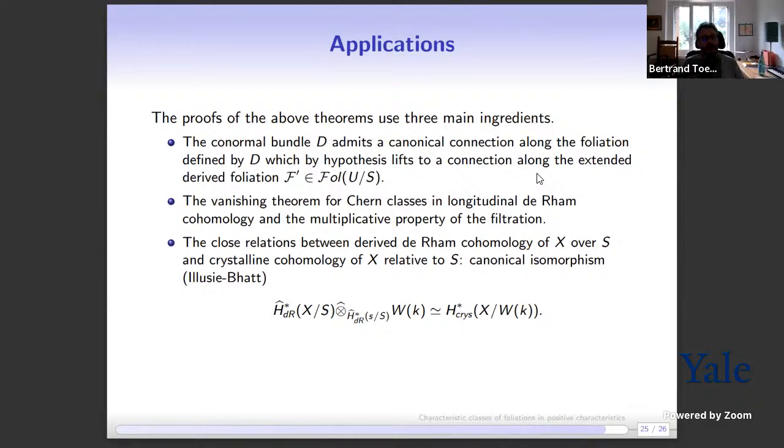Then you want the leaf space to extend as a smooth thing over S. The leaf space of the total foliation is a point, and a point just extends to a point. So for the tautological foliation, there is a canonical extension.